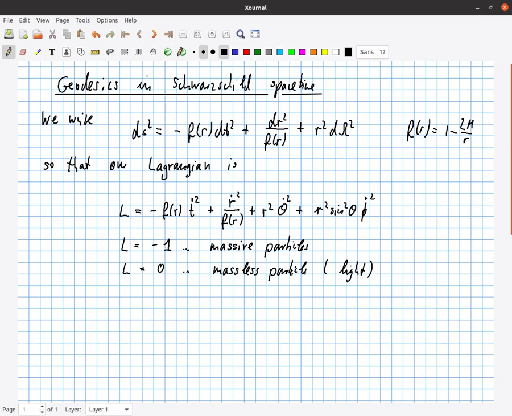The other one is actually pointless, so that is the one choice we have to make. However, if you're interested to study, for instance, the trajectory of light that passes by the sun, you have to, of course, set L to 0 and work with massless particles or light. So both of these cases will appear in the classical tests of general relativity.